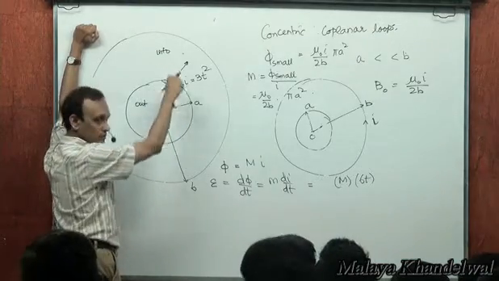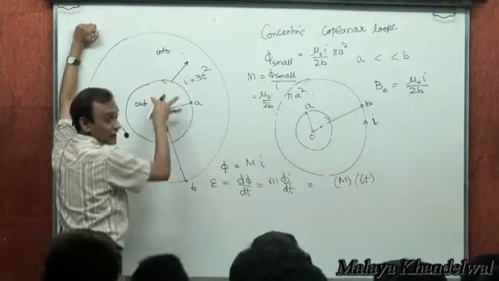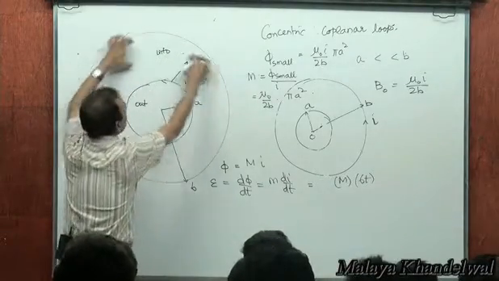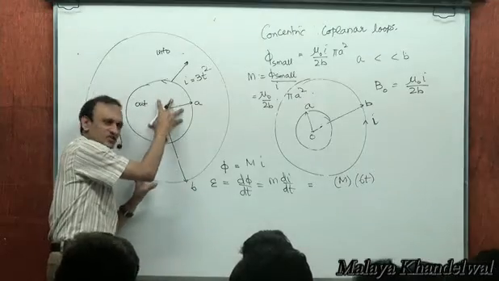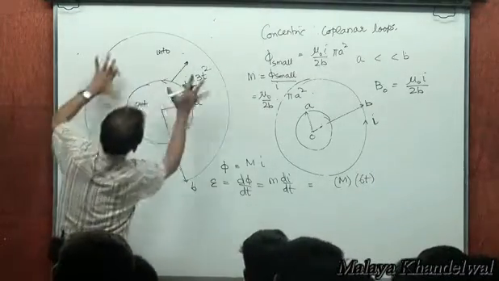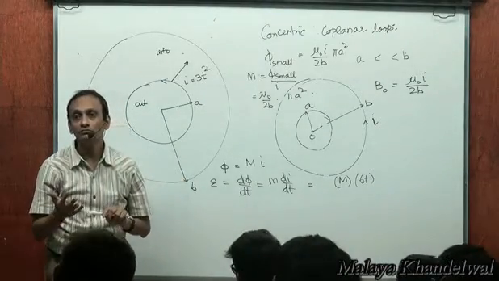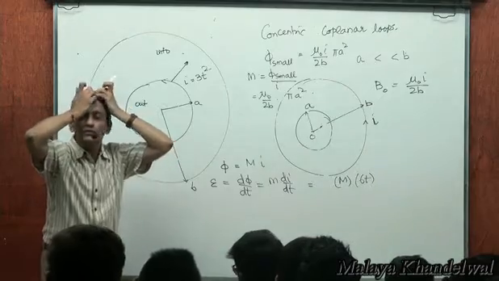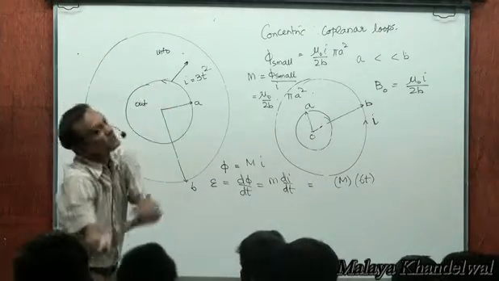dl cross r. Right? Now, if I increase I, the flux going into the plane is increasing, and this effect is more prominent compared to this effect because this is a smaller region. So on an average, there is greater flux going into the plane of the board. If there is greater flux going into the plane of the board, that must be opposed. That means some flux lines must be thrown out.